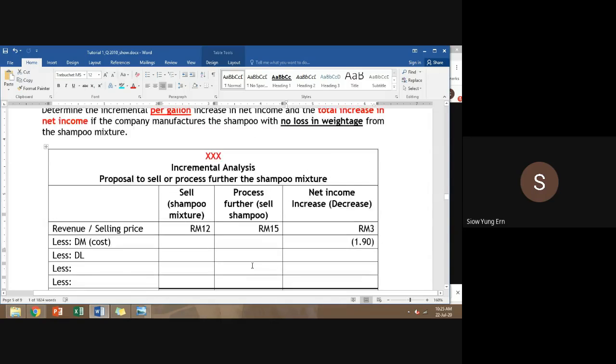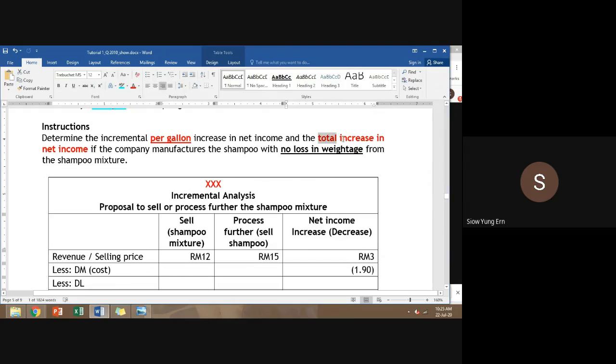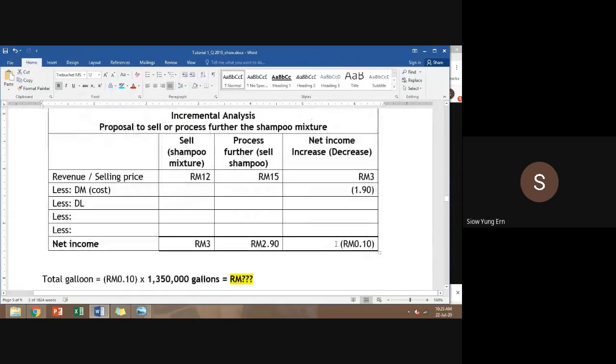So just now the question says also they want total increase. So since we have already got our negative 10 cents, we times with the quantity. Remember our quantity, 1.35 million gallons. Okay, so you just times, you will get total.